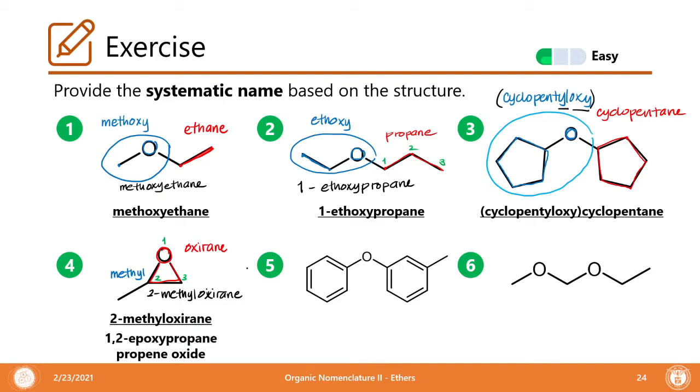Now number 5. We have 2 benzene rings, and one of them has a methyl group. And so remember the rule that we have to choose the parent chain which has more simple substituents. So we have to choose this benzene ring as opposed to the other one.